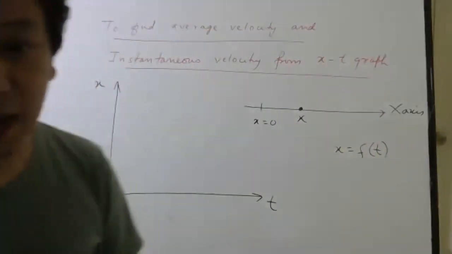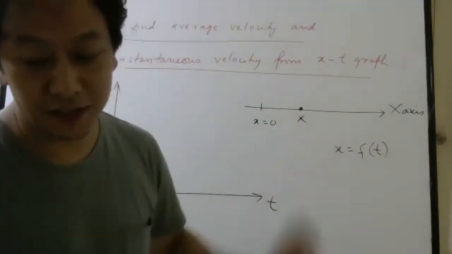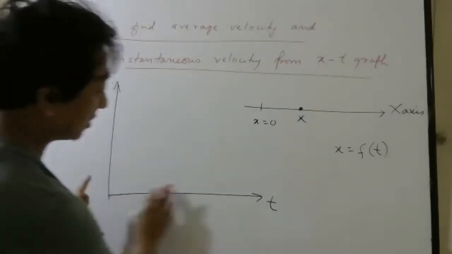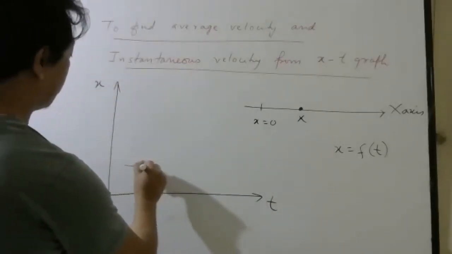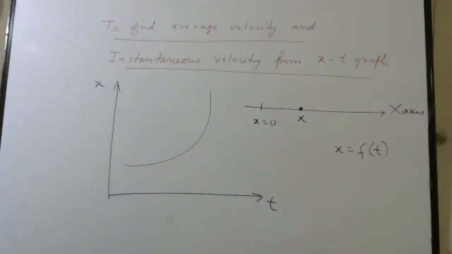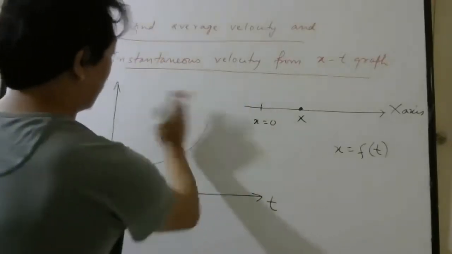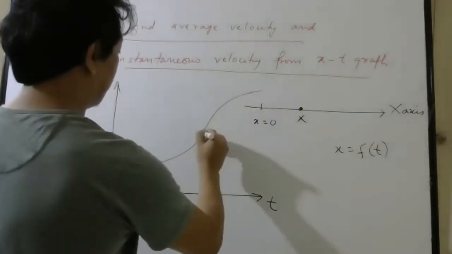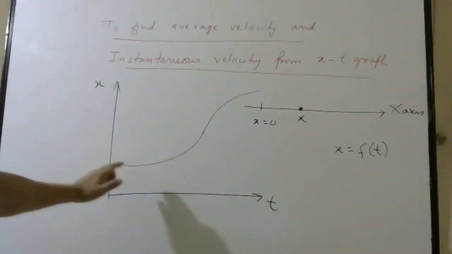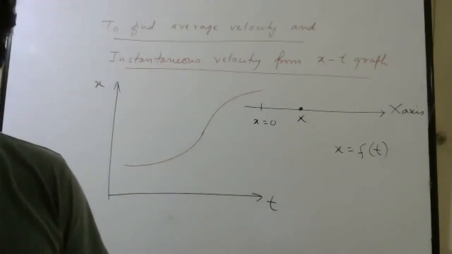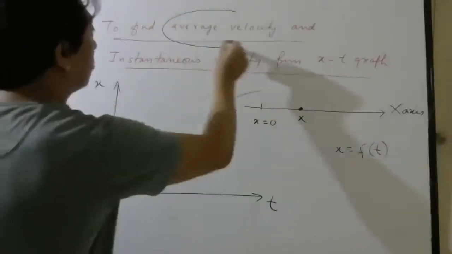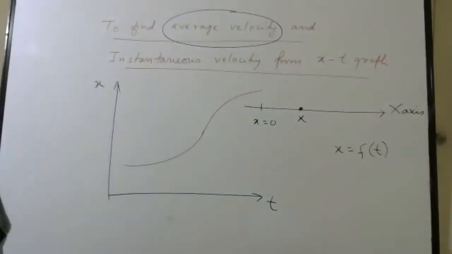As it is moving, the x coordinate will change. And suppose the graph of x versus time is something like this. Time cannot decrease, so something like this. Let us say this is how the x coordinate changes with time. Now, first thing I want is how to calculate average velocity.